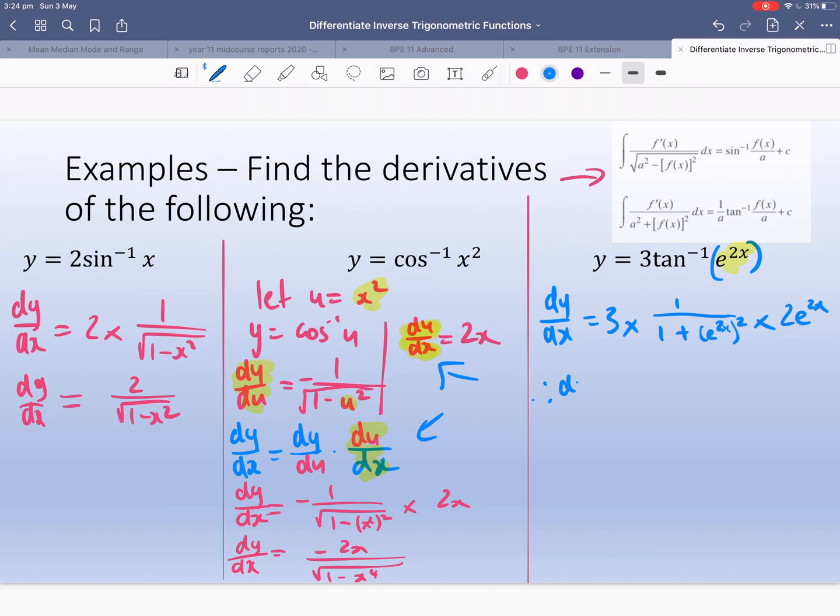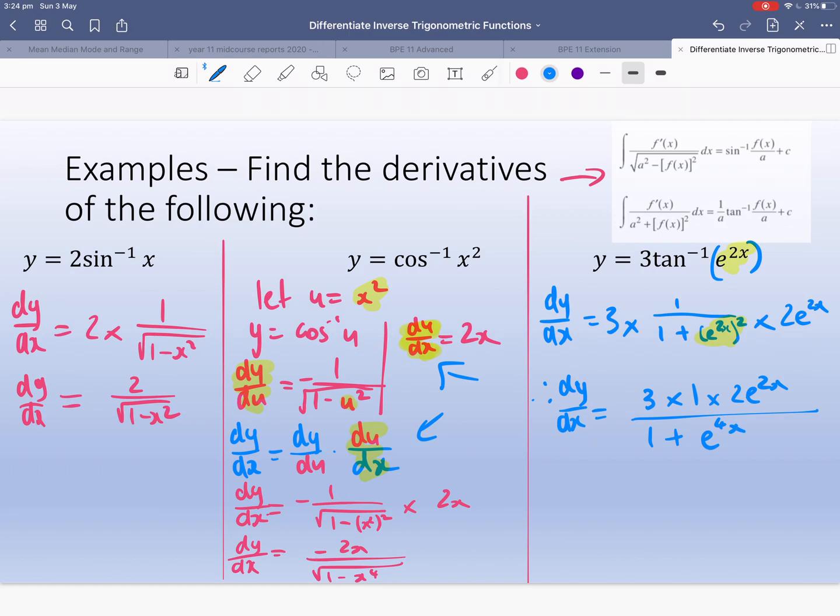So therefore, dy dx equals, I'm going to go 3 times 1 times 2e to the 2x all over 1 plus, and I can consolidate this. I'm going to consolidate that by going e to the 4x.